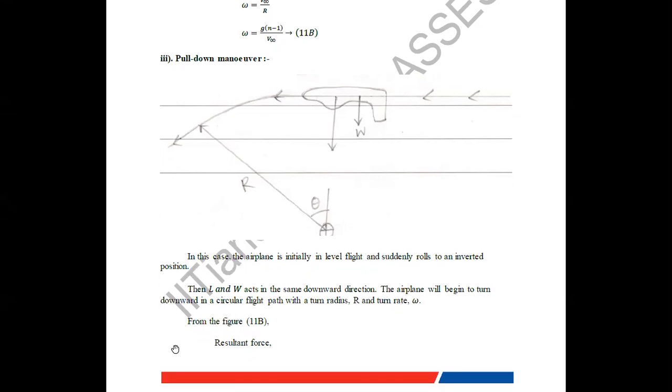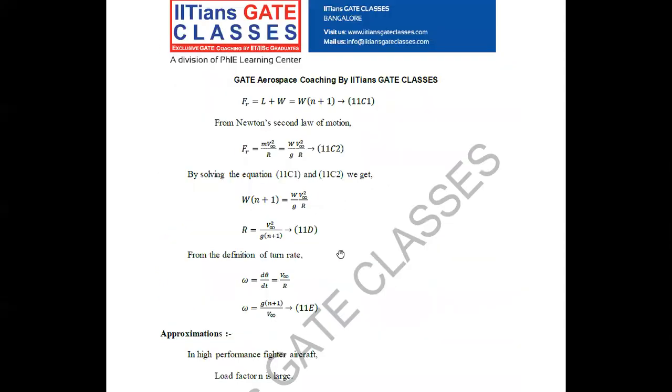The resultant force acting on this airplane is lift plus weight. If I take W common, my equation becomes W into n plus 1. From Newton's second law of motion, the resultant force is mass into radial acceleration. The radial acceleration is V squared by r. Mass can be written as weight divided by acceleration due to gravity.